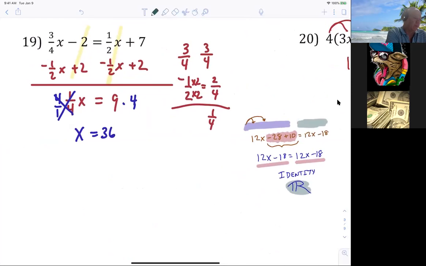Are you having trouble with the fractions? Do you see it now? Are you sure, Max? Because I want to help you. Like, how did you get negative 1/2 on both sides?